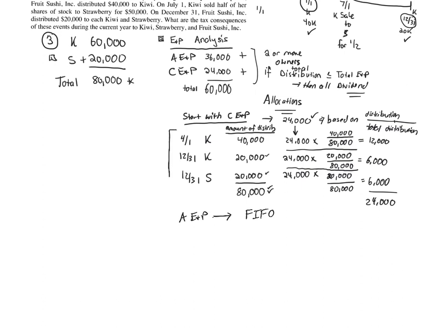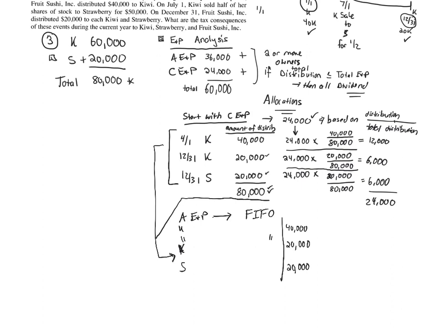So again, we've got the three dates and the same three distribution amounts: 40,000, 20,000, 20,000, kiwi, kiwi, and strawberry. It's identical to up here. Our accumulated E&P given to us is 36,000 starting.